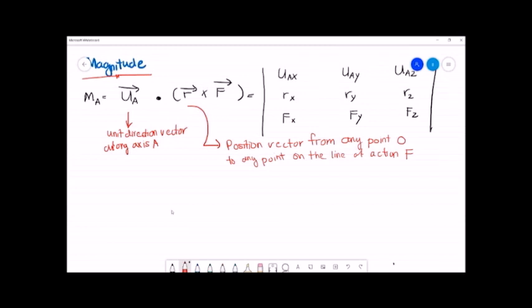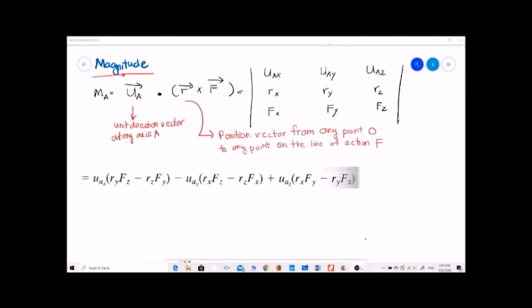Then we get a determinant form, which is in this form. Once you solve the determinant, you will get this form of equation.